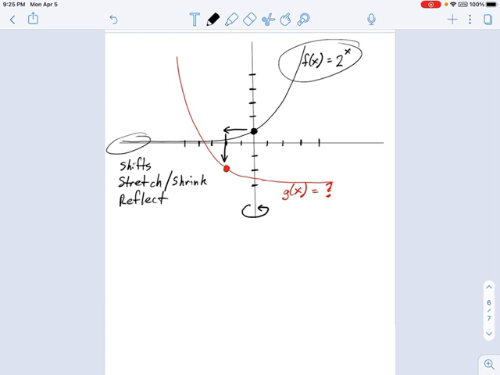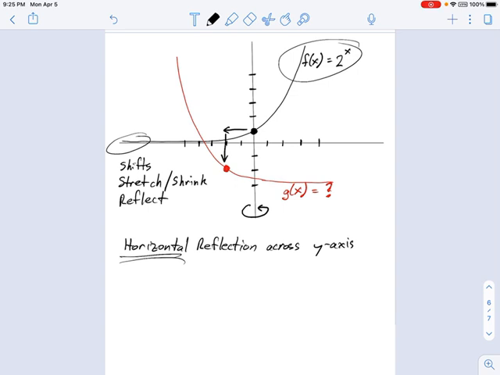And if you remember what kind of a reflection flips something around the y-axis, that is a horizontal reflection. So we're going to call this a horizontal reflection across the y-axis.